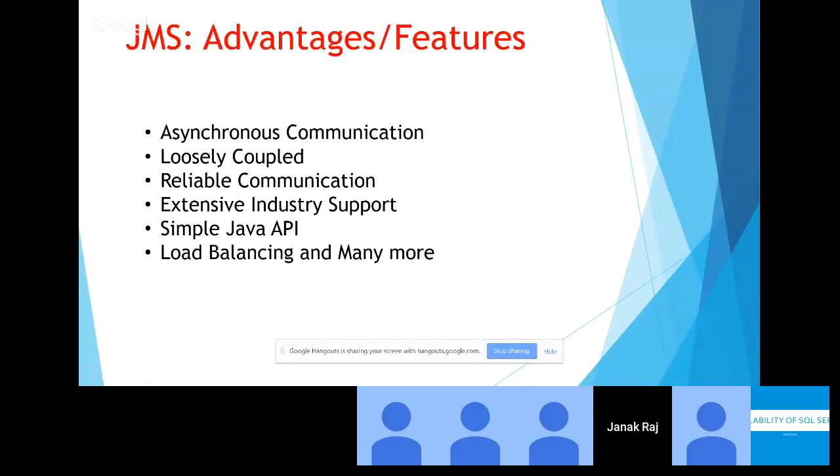A message once sent will be delivered to the consumer without any loss of data. Also, the message will be sent only once. And there is a lot of industry support. The Java API is really simple, and load balancing and many more.